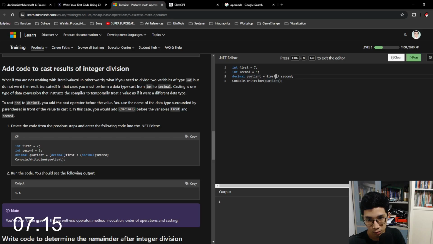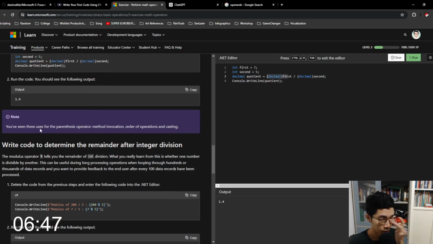So what if I put a suffix here, m? It will result in an error, unexpected. So the only way that works is using decimal with parentheses for conversion, or you can say casting.